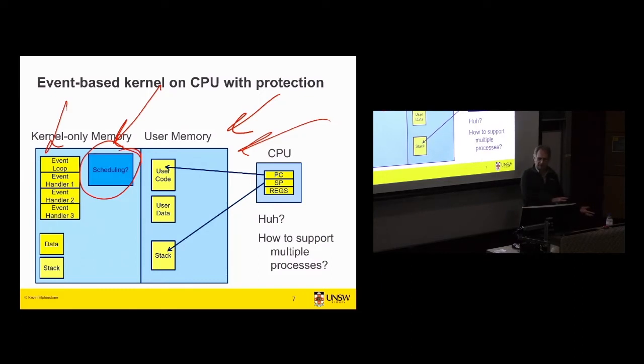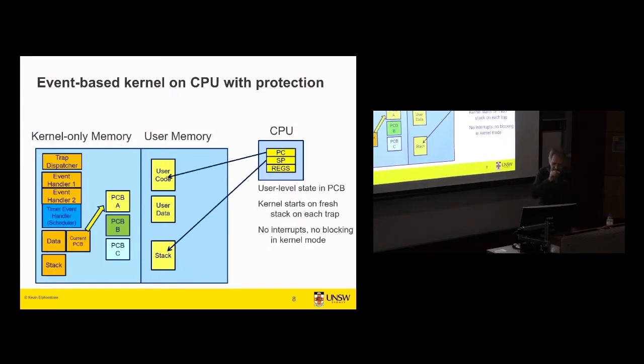Because we've got an event model inside the OS, but we've got a process model inside the application. The way one can structure this is that we need to introduce the idea of what the currently running process is. It's not exactly rocket science.